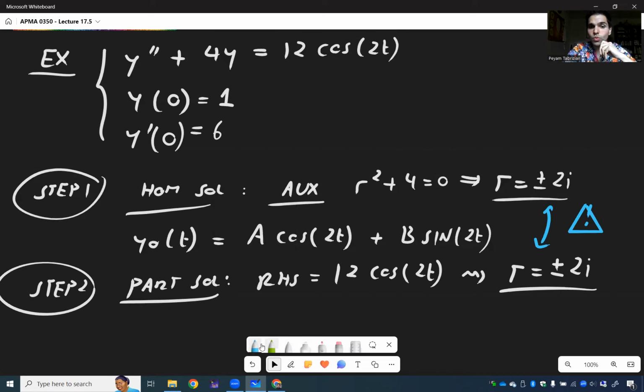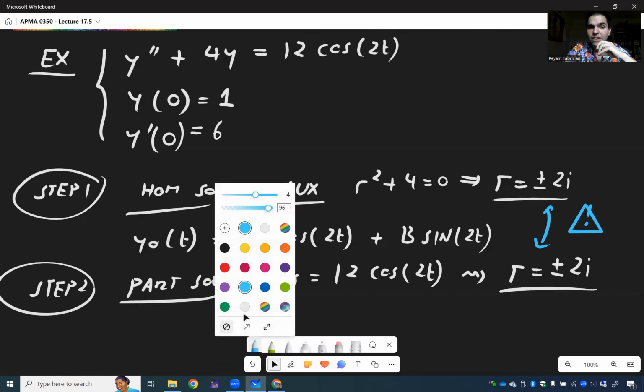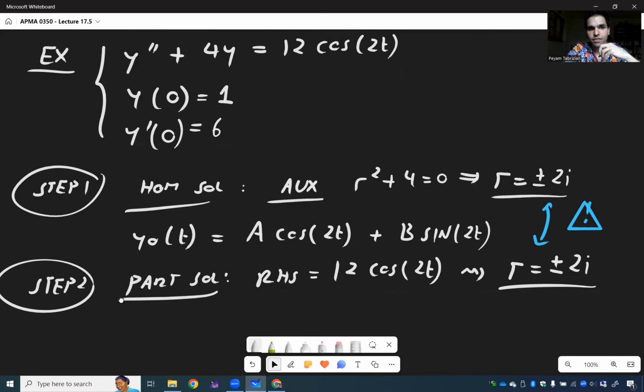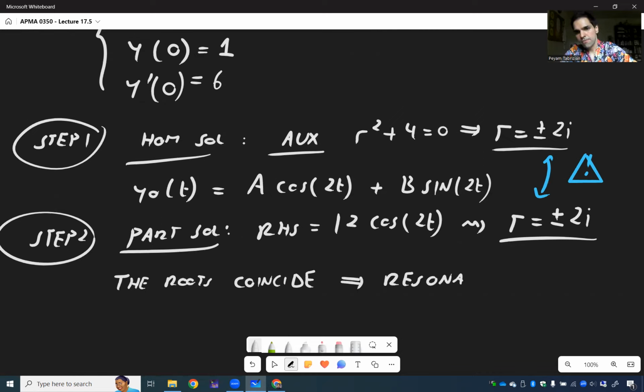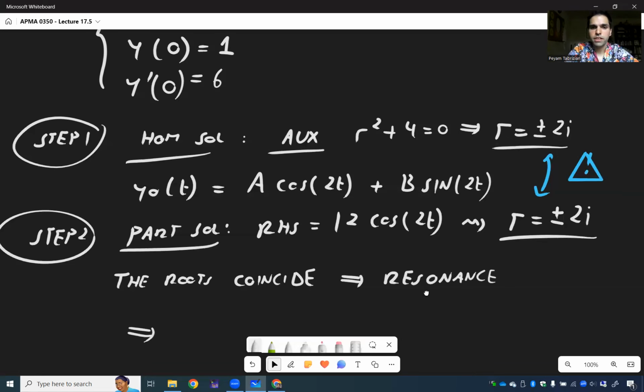So because the roots coincide, that's when we have resonance. Therefore resonance. And therefore, remember, add this extra t.